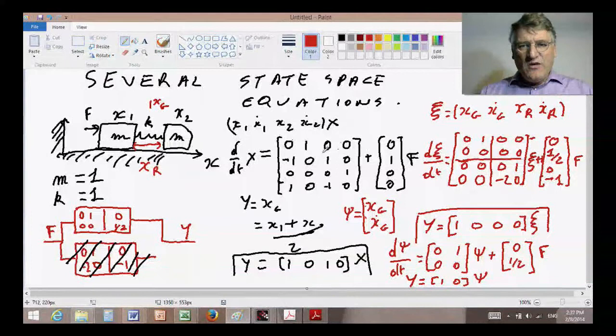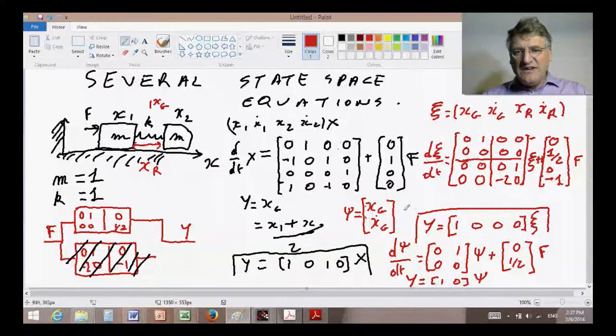Therefore, we know this system is greatly redundant. There are too many states. But in this representation, it is not at all obvious to see what states need to be eliminated. Whereas in this representation, it is obvious what states need to be eliminated. So this is a first observation.